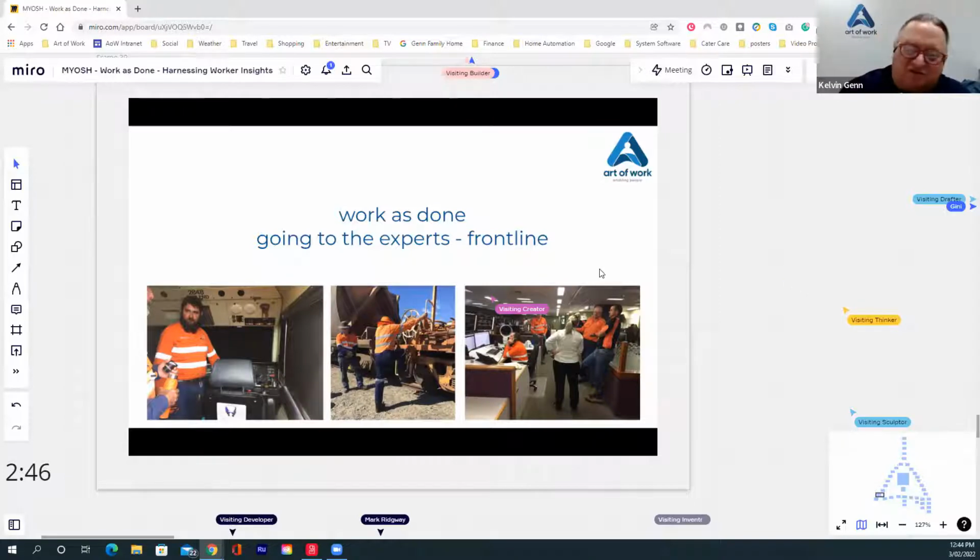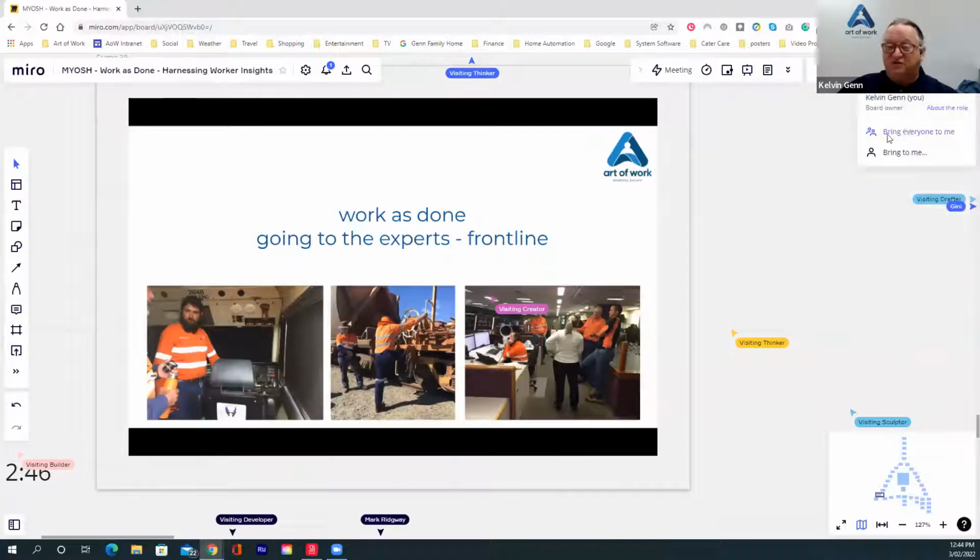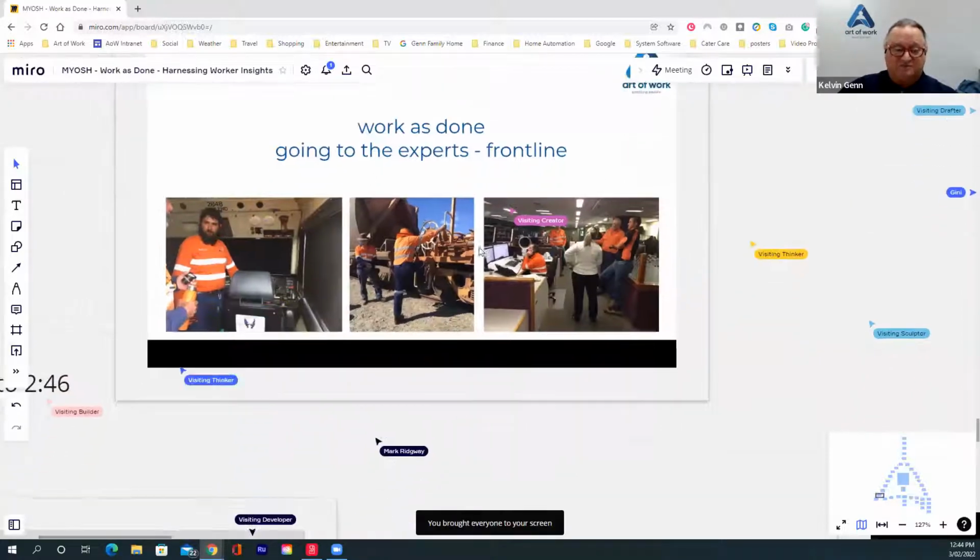But the space to do the understanding of work is actually being out there and interacting and curiously inquiring with the real workers and getting people to show how they do it and what is working for them and what is challenging for that space. So this is a critical feature of this whole process.